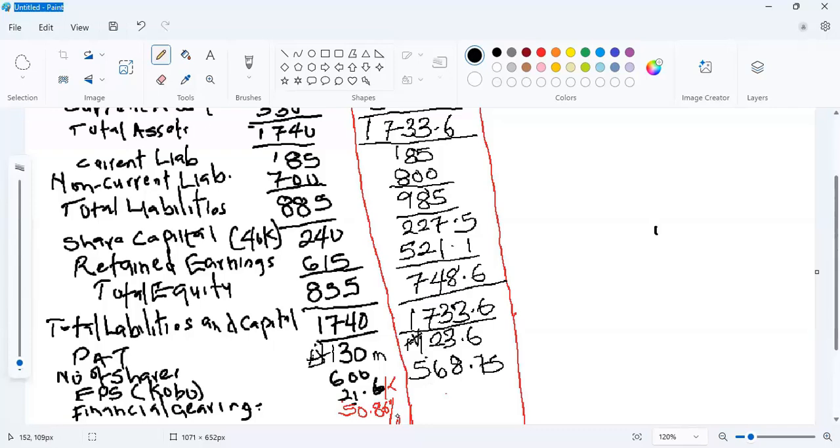What is the profit after tax? 21.7. That is 21.7 kobo. Once you multiply by 100, you are treating it in kobo. Is that clear, sir? Yes, sir.